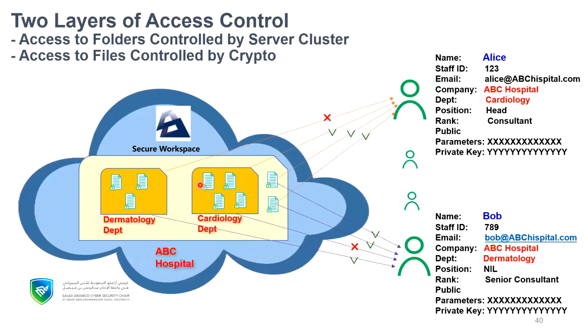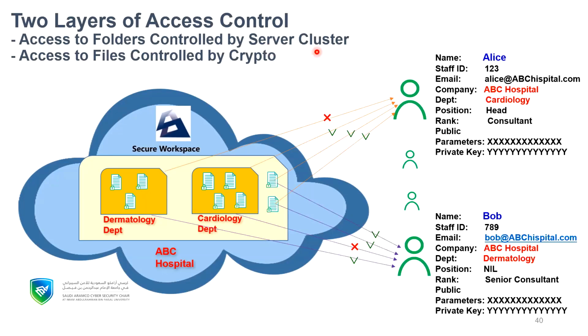And the access control is performed in two layers. The access to the folders is controlled by the server. Access to the folders means who can create a folder, who can delete a folder, who can look into a folder, into the ciphertext within the folder.